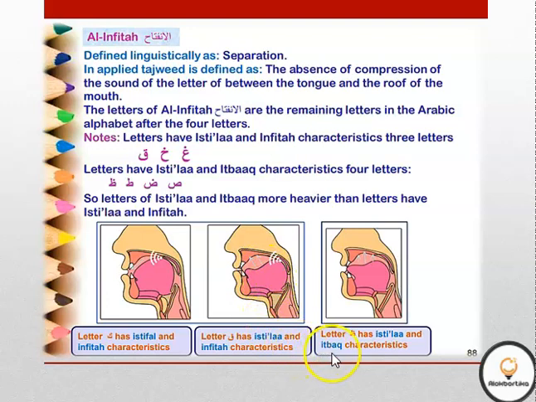But for the letter ta, it has isti'ala and itbaq, both are strong sifat. For this kind of reason, our pressure in the mouth is stronger than these 2. Like that.